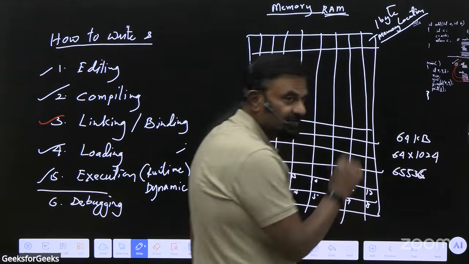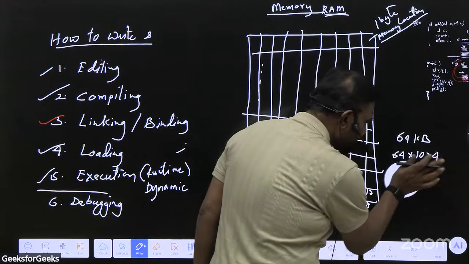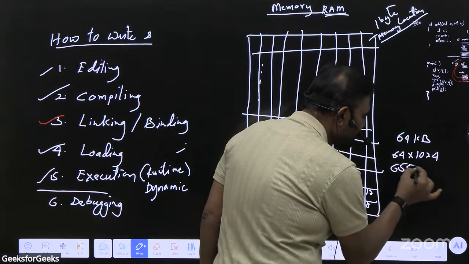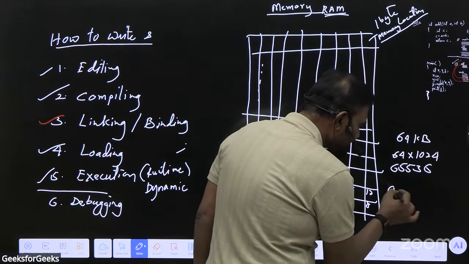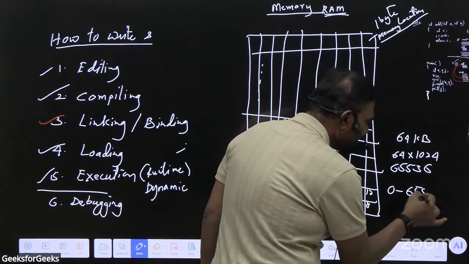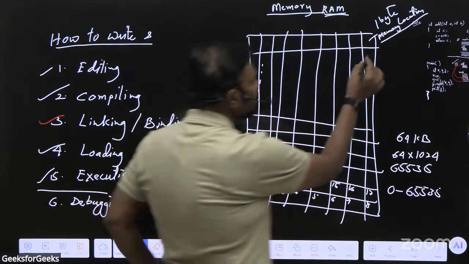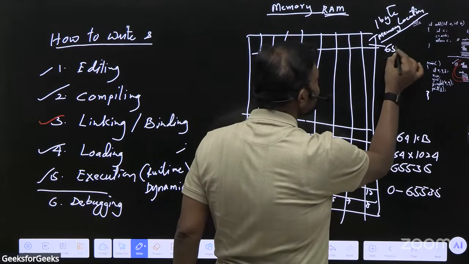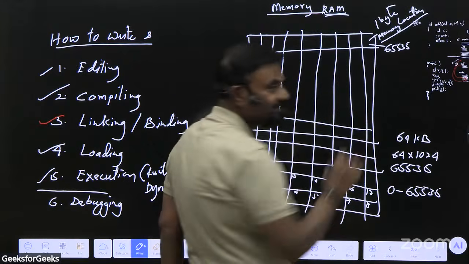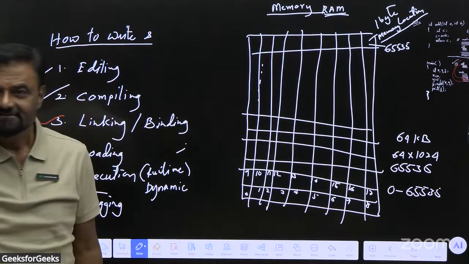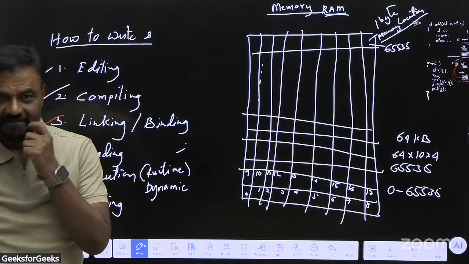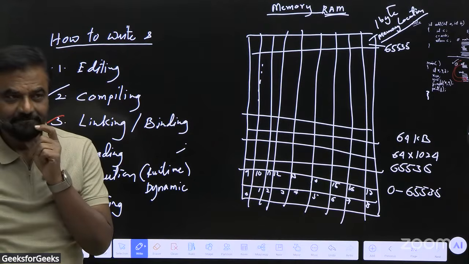64 into 1024 is nothing but 65536 total. If you see the range, it starts from 0 to 65535. So if address 0 starts from here, then the last address is 65535.